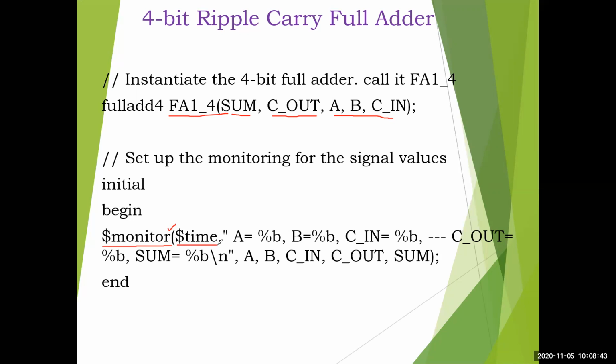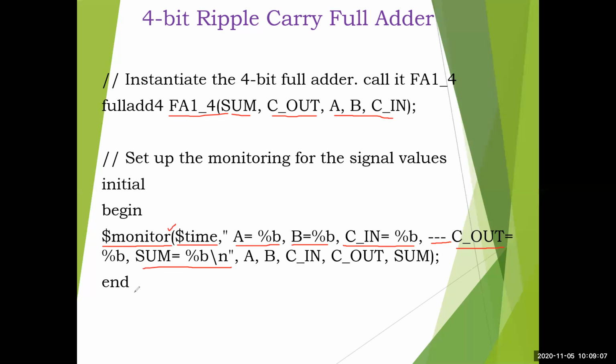So $time, the simulation time, it will invoke, then whatever inputs are changing as we are giving, it will be highlighted here: a, b, cin values. Hyphens are given just to differentiate the input side and output side. Then we are displaying cout and then sum. We do cout first, then sum, because when we do 1 plus 1 addition, you should understand it is 1 0.